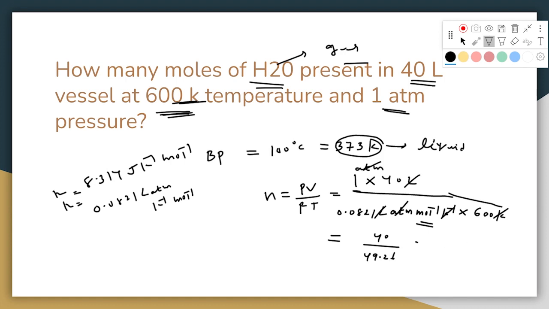Okay, so that is approximately equal to 4 by 5. I can write 40 by 49.26, about 50. So I will get 4 by 5, that is equal to 0.8 mole. Okay, this is a very important question.